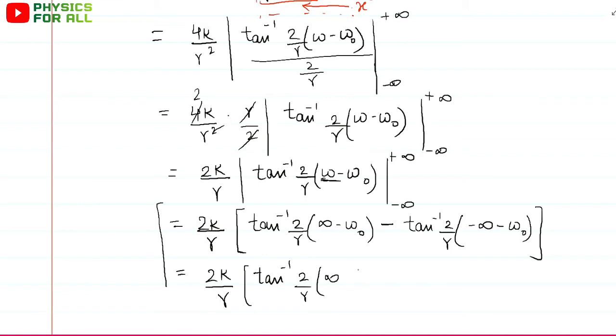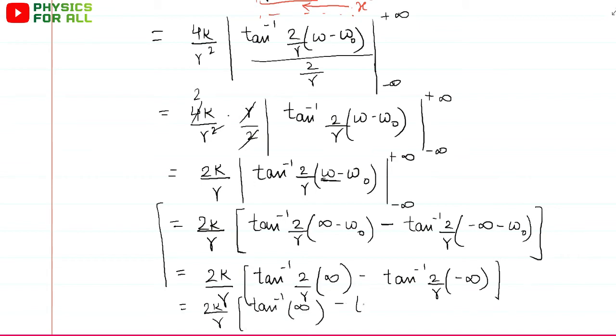You need not mention these steps. Minus tan inverse 2 by gamma and say this is minus infinity. Further, anything multiplied by infinity is again infinity. So 2k by gamma tan inverse infinity minus tan inverse minus infinity.